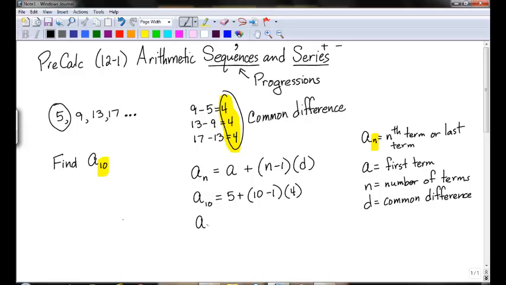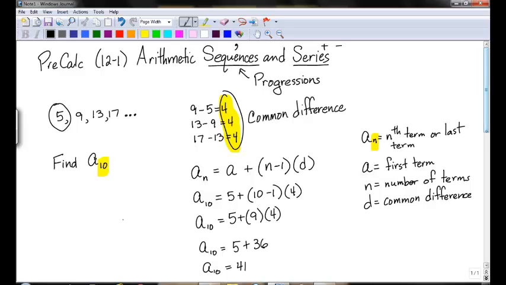You got to simplify. So you simplify inside the parentheses, you get 9. Then you got to do the 9 times 4. And then the last thing you do is the add. So the 10th term would be 41. Okay, any questions on that example?